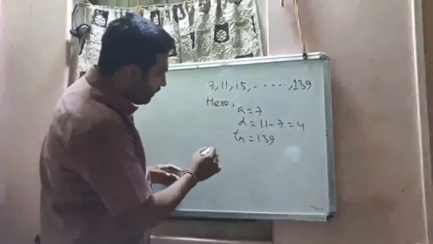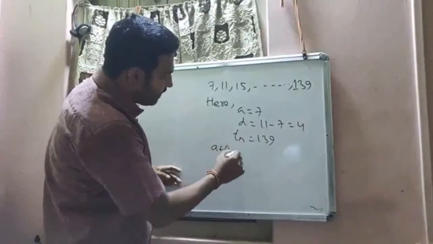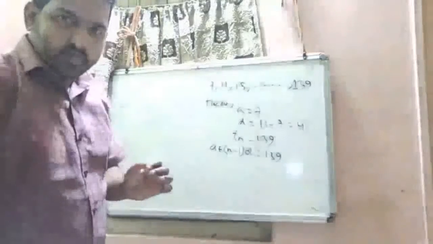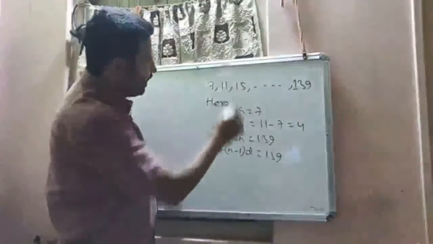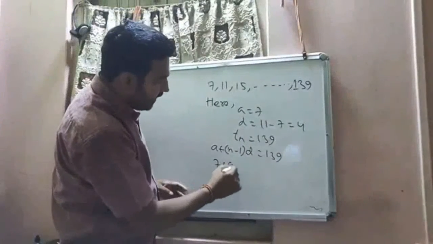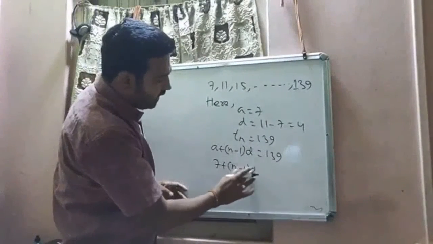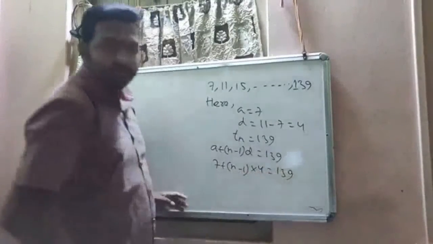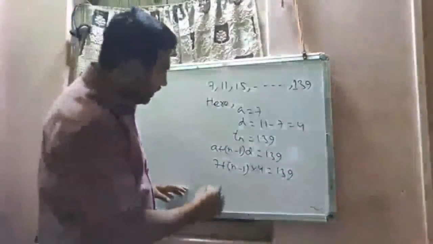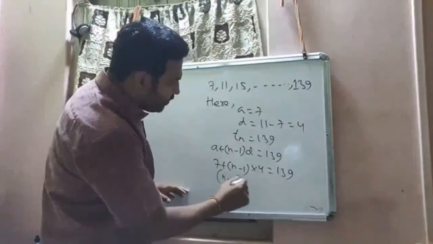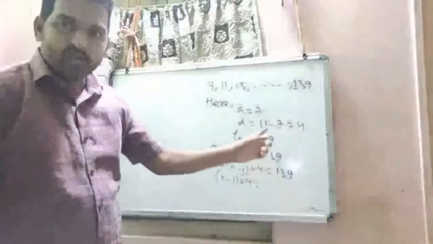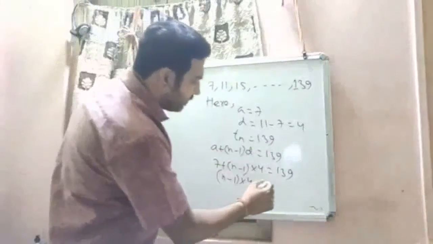So what is the formula of nth term? a plus n minus 1 into d is equal to 139. So a is 7, n is not given, we have to calculate n. d is 4, 139. Clear?